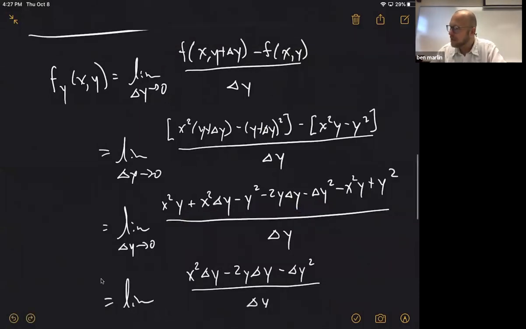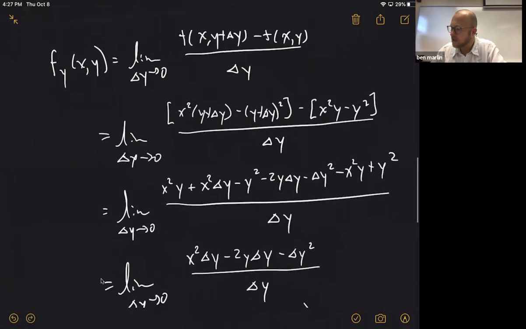So once we get it to that stage, we can say this and that cancel. This and that cancel. Everything else doesn't have a corresponding thing to cancel, and fortunately it all has a factor of delta y.